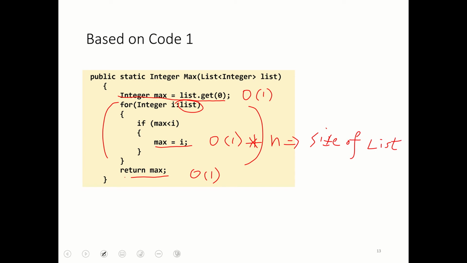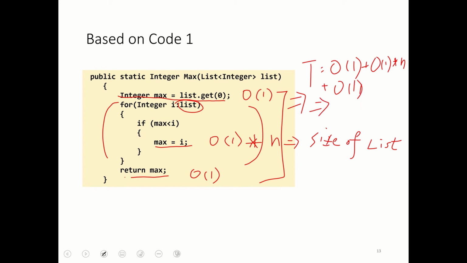So this gives us an equation, which is big O(1) plus big O(1) times n plus big O(1).